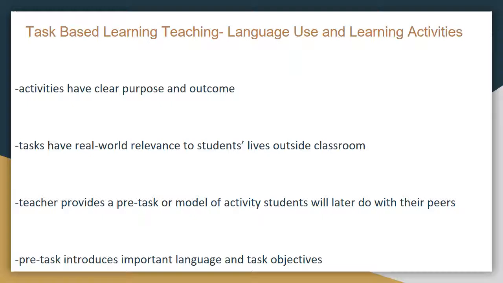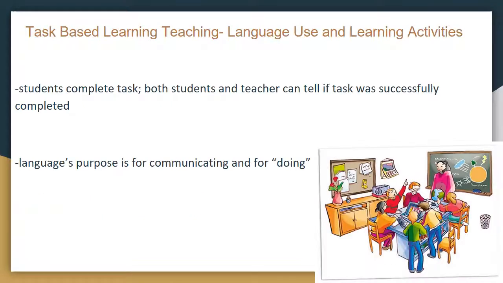And then after they've mastered the pre-task, or they've understood at least what's going to be asked in the lesson, and they've been introduced through the pre-task to the important language and task objectives, then students go off on their own to complete the task.